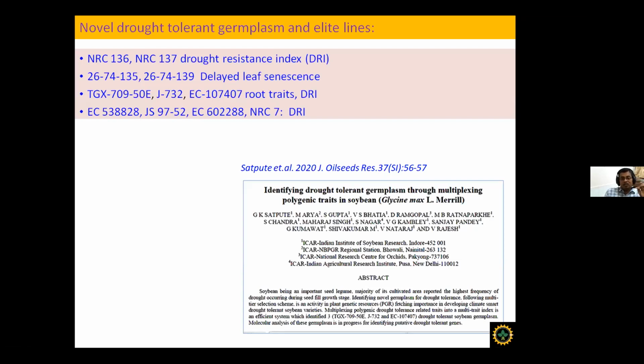There are germplasm for delayed leaf senescence traits. There are traits for drought resistance. They have a good root architecture. So these genotypes and associations have been identified.